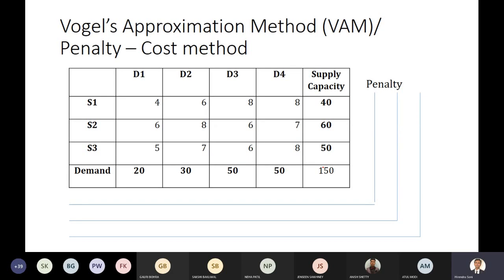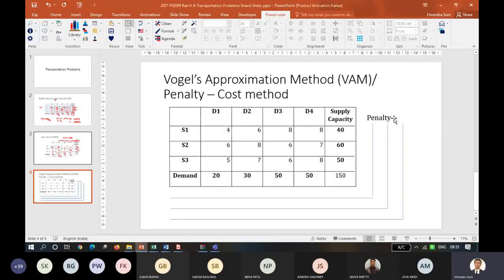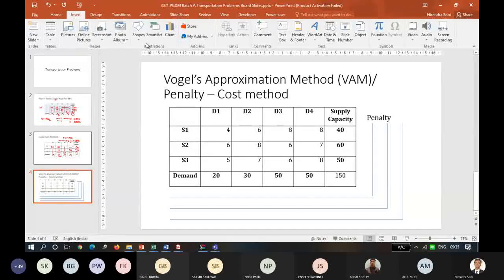So what this method does is it identifies the penalties first, and wherever the penalty is higher, it addresses that first. Okay, so let us write it down. What do we mean by penalty?